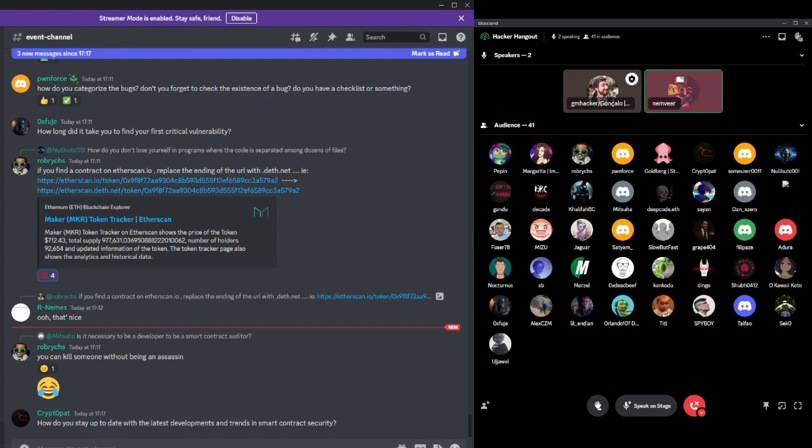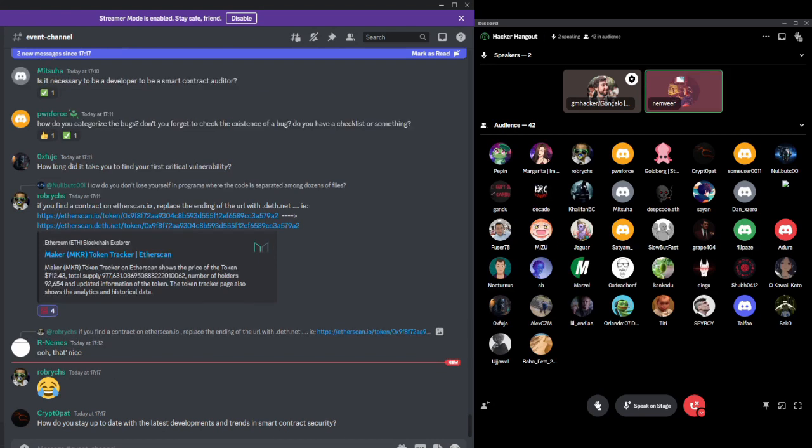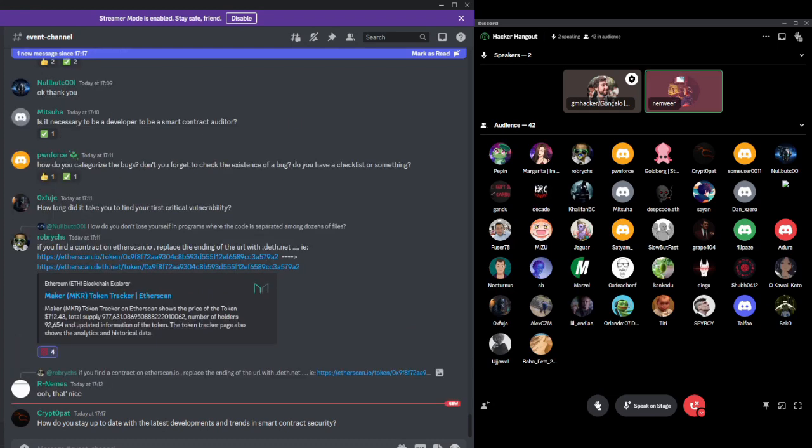Whenever I am looking at a new code base, after understanding the functionality, step by step I look for each of the possible vulnerabilities I know, and tick each box: this is fulfilled, this is fulfilled, this is fulfilled.